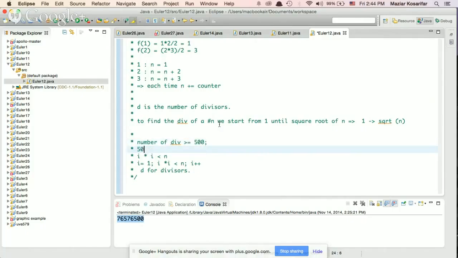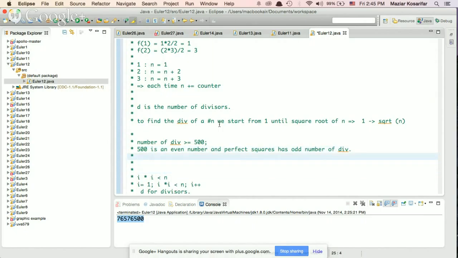We know that 500 is an even number, and perfect squares have an odd number of divisors. So we don't need to be worried about perfect squares.